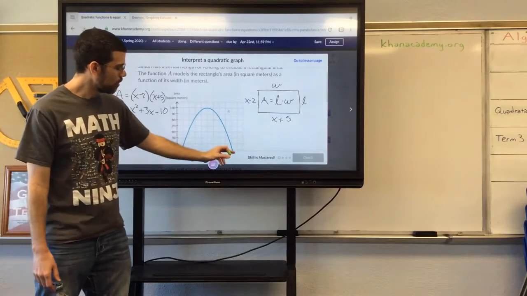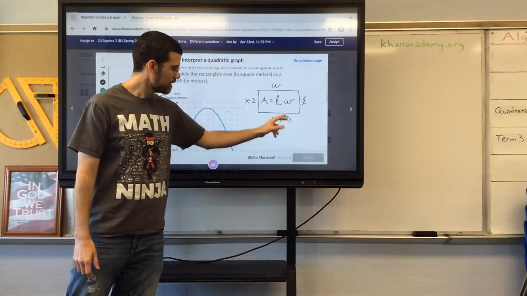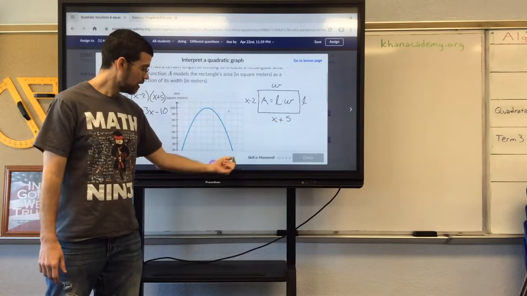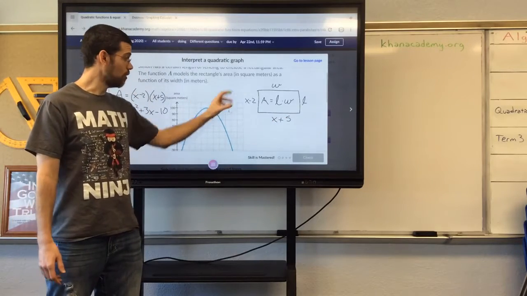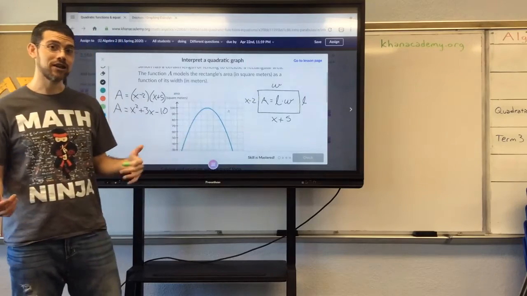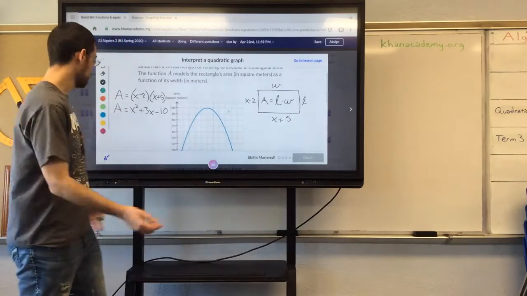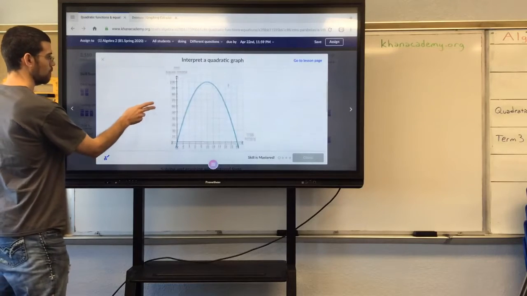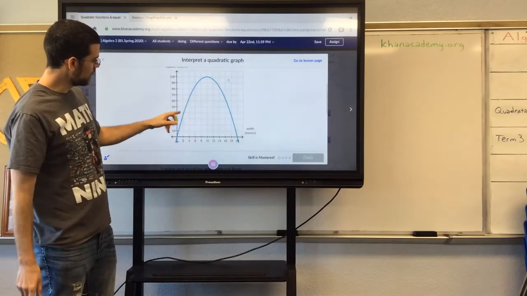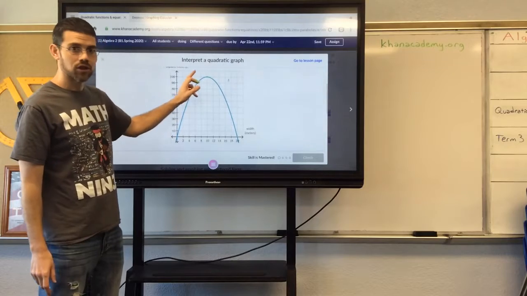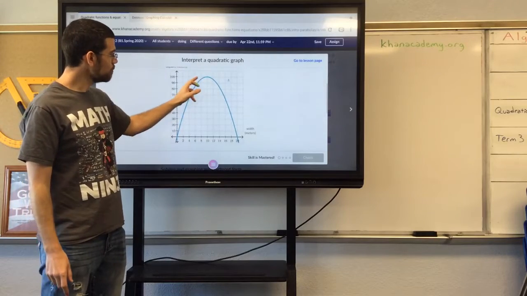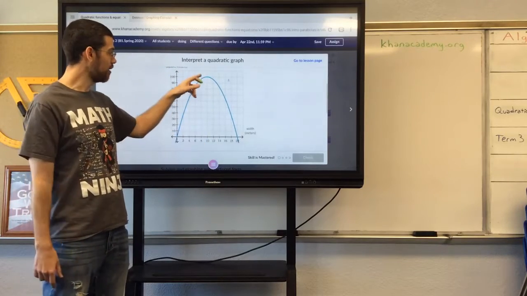And at another point, when x causes this side to be 0, you're going to also have an area of 0. If either of the dimensions of my rectangle are 0, I no longer have a rectangle, which means I no longer have an area. Okay. It also shows us that as we change the lengths of those sides, at some point we're going to maximize the area.